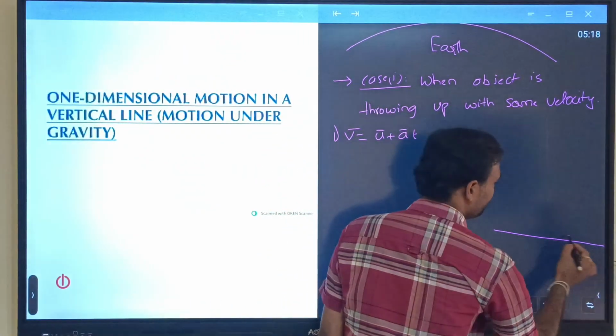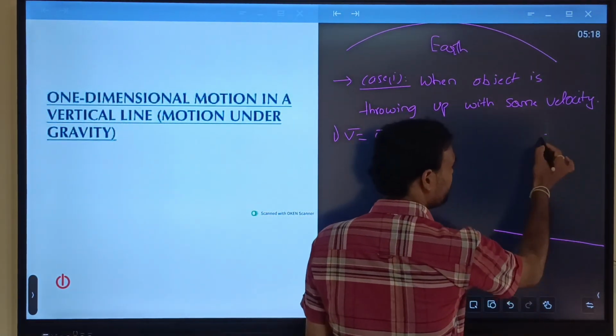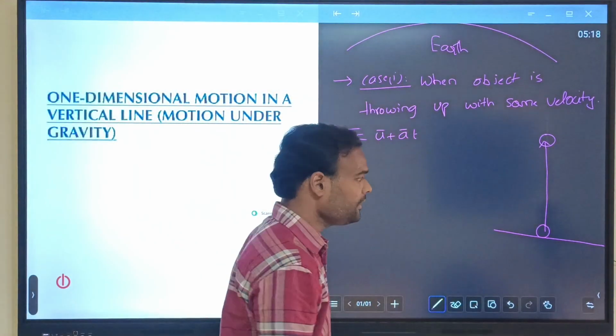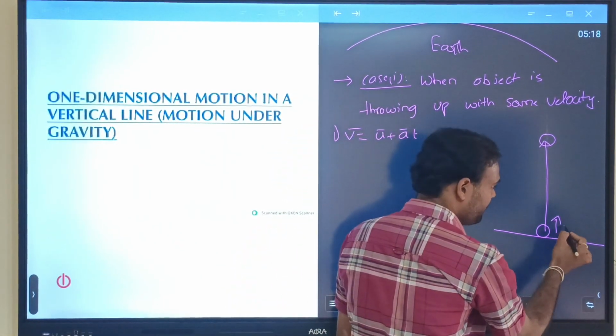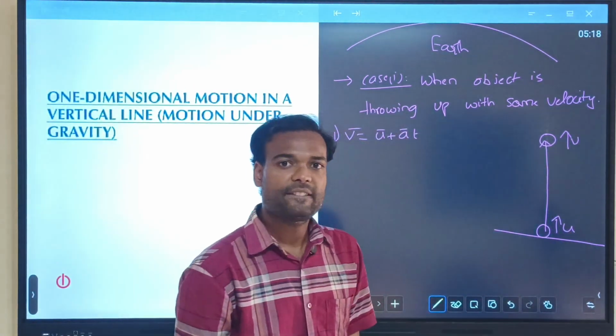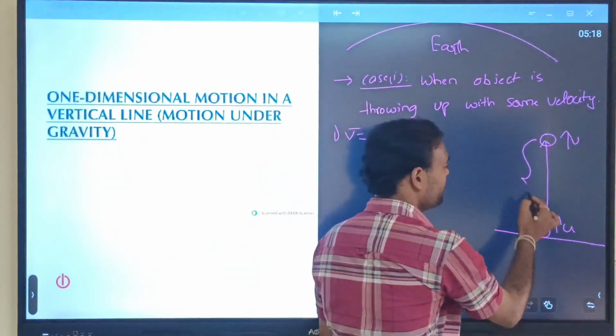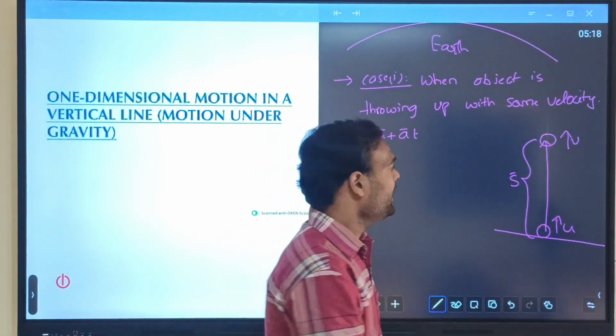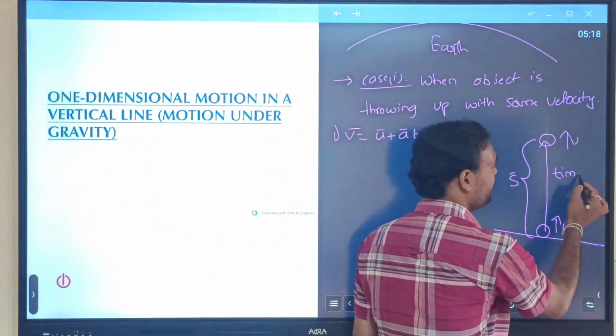Suppose I throw an object from here and it reaches here. The initial velocity is u, the velocity attained by the object is v, this is the displacement traveled by the object from here to here, and let us assume the time taken is t.